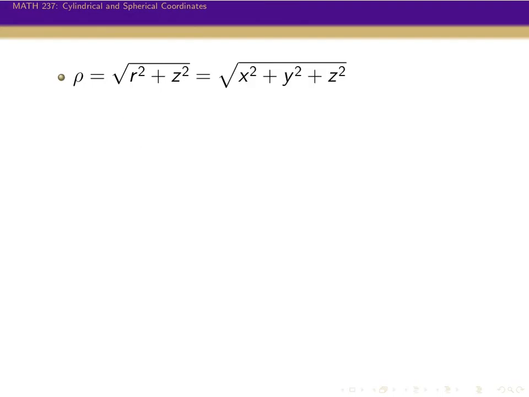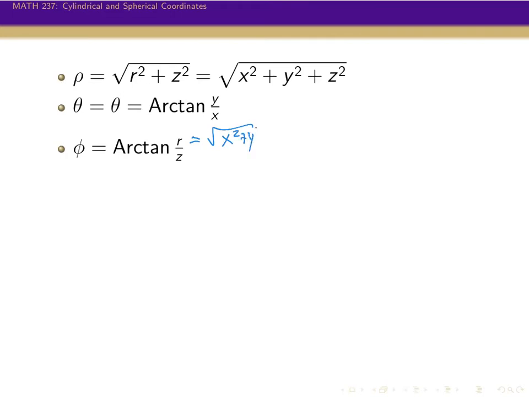So rho in rectangular is the distance formula, square root of x squared plus y squared plus z squared. Okay, theta is equal to theta, but theta in polar is the arctan of y over x, and so that stays the same. Okay, and phi we got as being the arctan of r over z, and again we're going to use that r is equal to the square root of x squared plus y squared, and so then that's going to give us that phi is the arctan of the square root of x squared plus y squared over z.